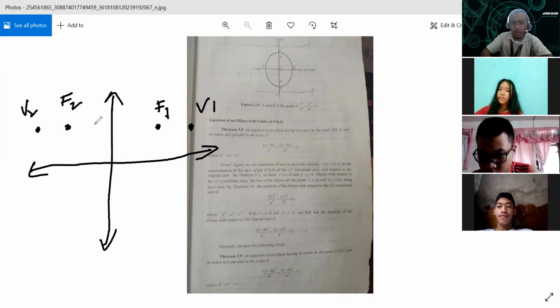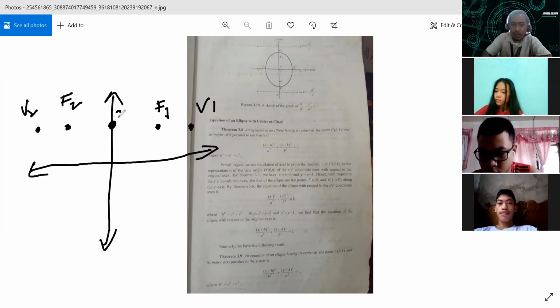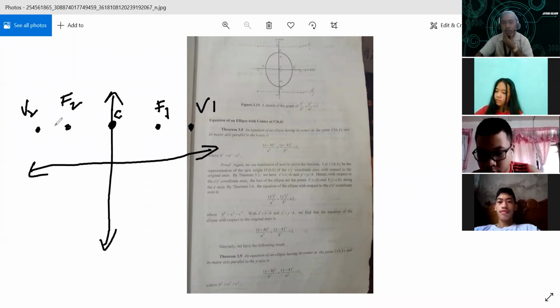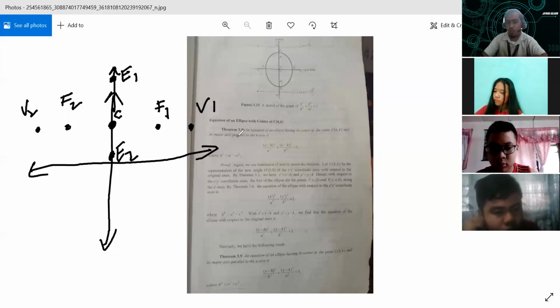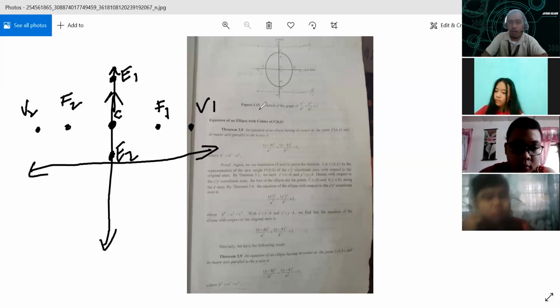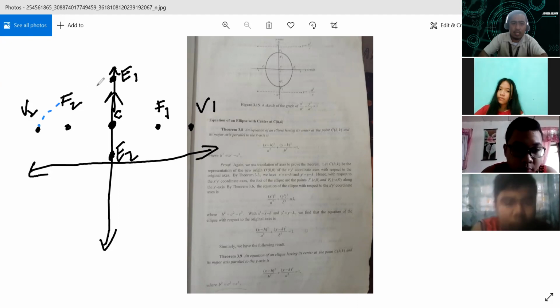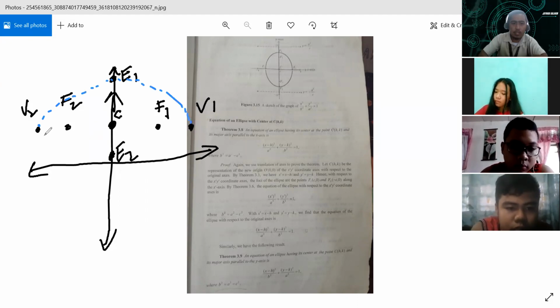This is your major axis, right? It is no longer on your x-axis. So your center now is somewhere here. Unlike a while ago, when it was at the origin, it can be anywhere in your Cartesian coordinate plane. Somewhere here is your extremity 1 and somewhere here is your extremity 2. So your ellipse now will look like this.